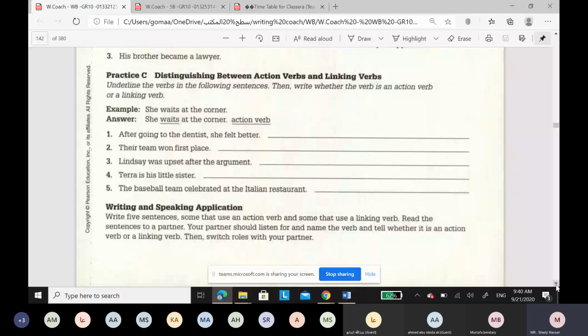Tara is his little sister. Where's the verb? Is. It's linking. Yes, linking. And the last sentence in here is the baseball team celebrated at the Italian restaurant. Celebrated. Action. Yes, celebrated means an action verb.